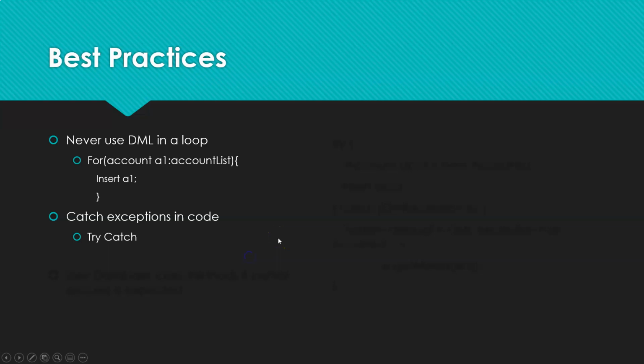You also want to try to catch exceptions, the DML exceptions in your code, because if you run into an issue with a DML statement, your code's going to completely exit and your user's going to get a very ugly error.